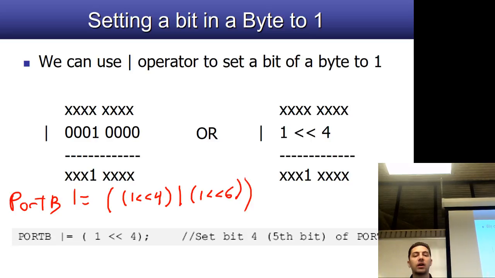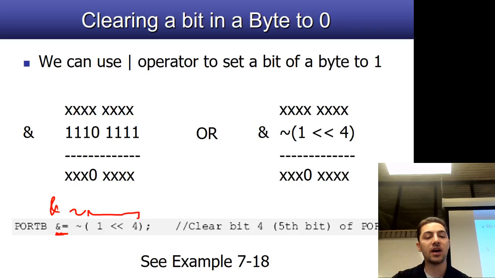So that is going to create a mask that has a 1 in position 4 and a 1 in position 6. 2 masks ORed together. 1s are common. So then when I OR that together, now I will have set a 1 in that position. Notice my parentheses. I say, okay, this whole thing together, that's what I'm ORing with.